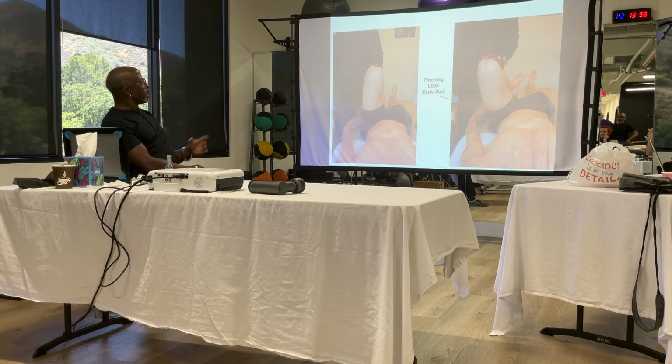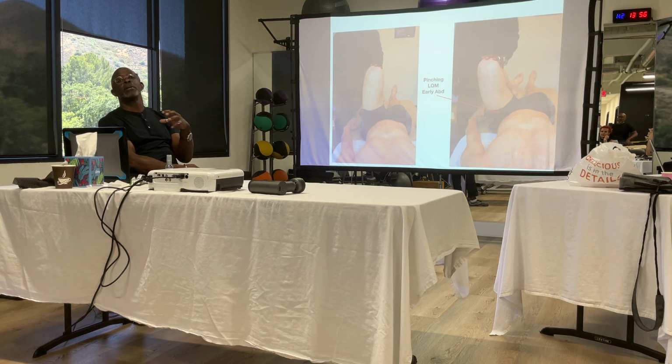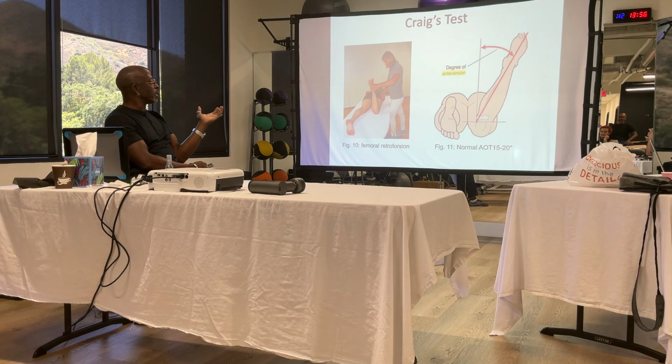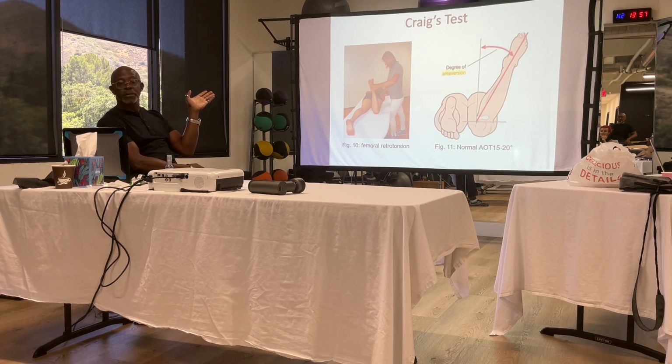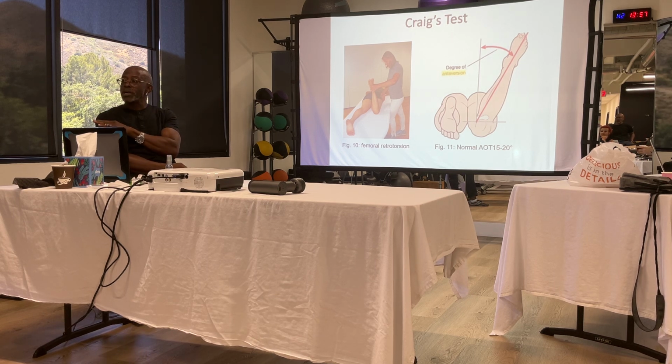The other thing you might find again is pinching, limitation of motion, and early abduction of the hip. So when you have this problem, you must look for tightness of the piriformis, for example, and the external hip rotators. So we can see limited internal rotation, and we will have to differentiate it from limited internal rotation due to end range of the joint, as opposed to limited internal rotation due to tightness of the external rotators.